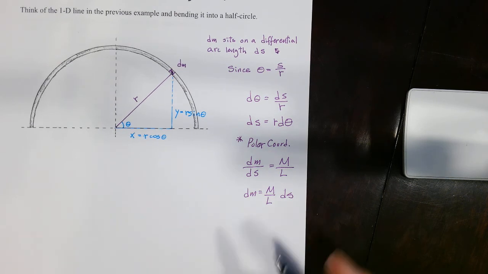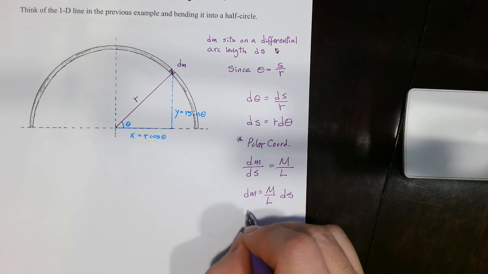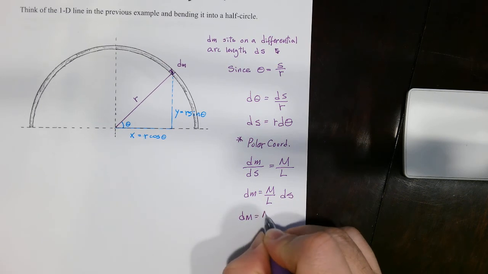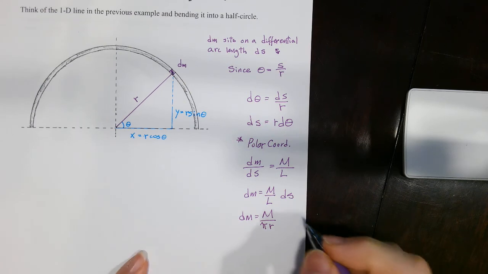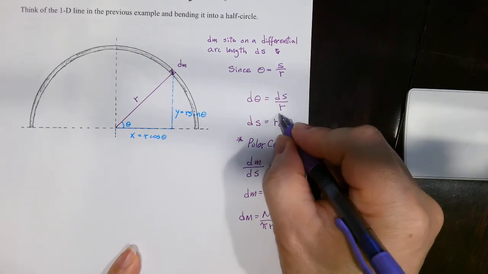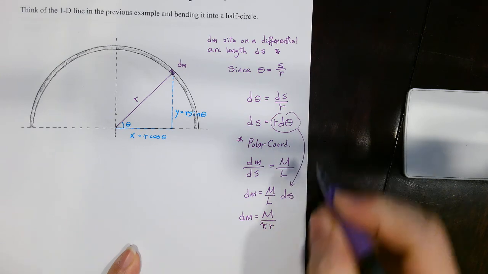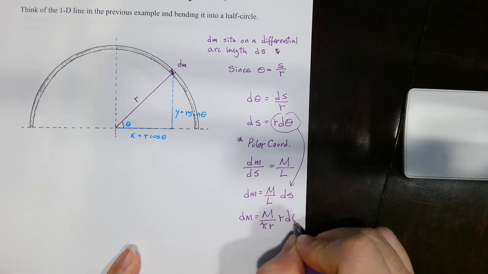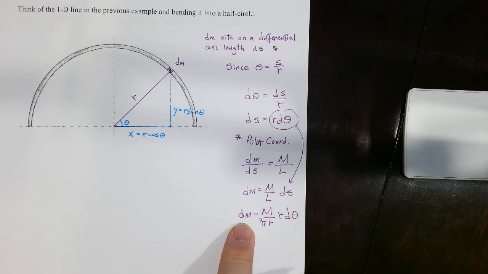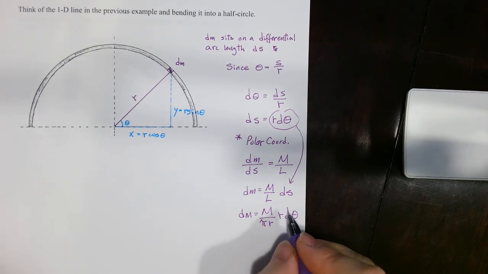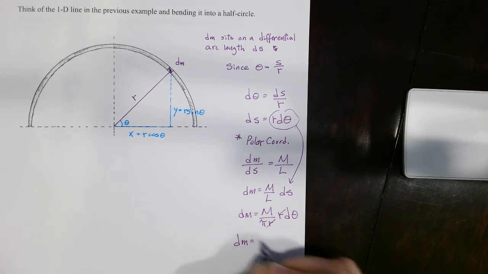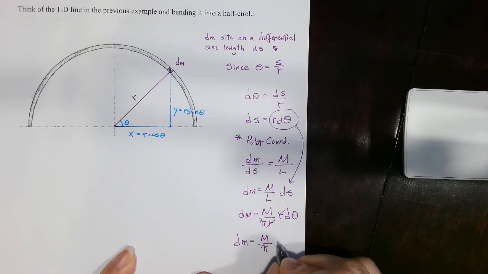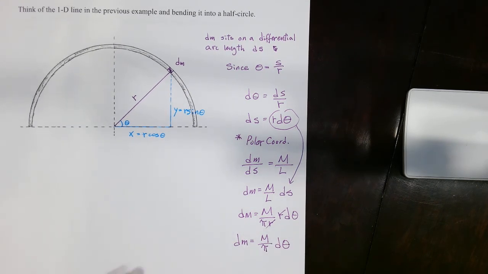So dm is equal to m over pi r times ds, and we already said ds was r d theta. So r d theta is what we have for dm. Notice how the r's cancel out. So my dm is equal to m over pi d theta.